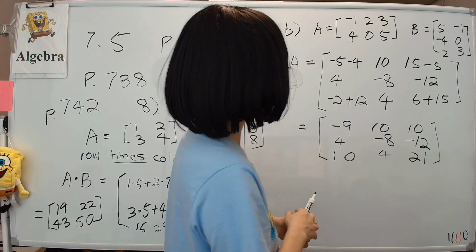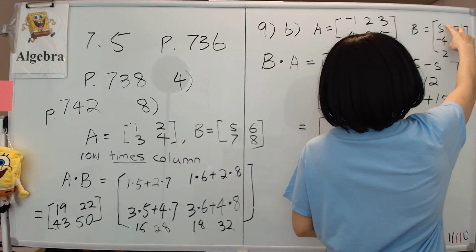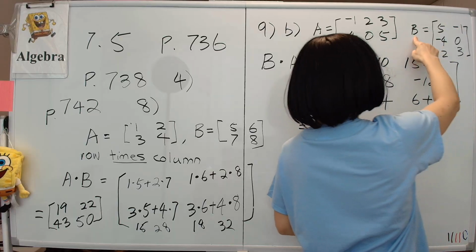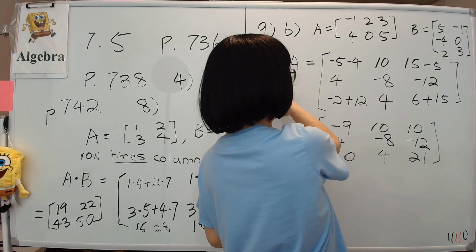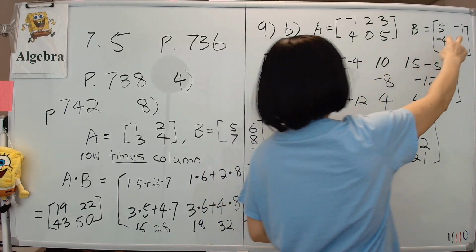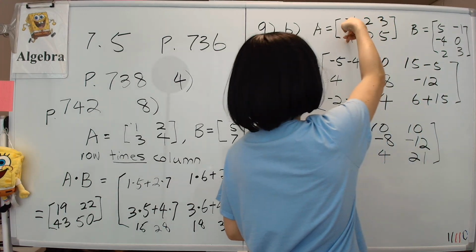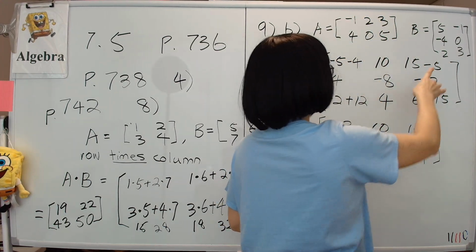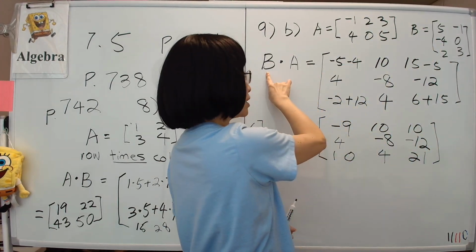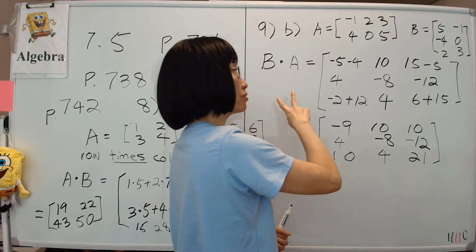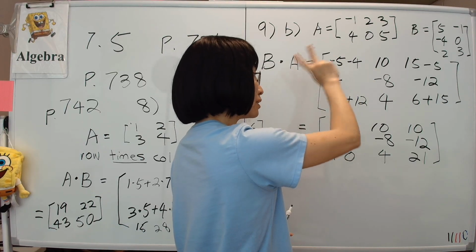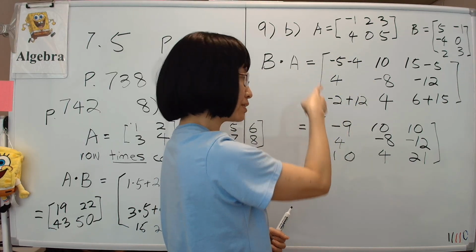Each row from the first item in your product will have to be multiplied by the first column of the second. So with the first matrix, you only work on the rows, and it matches to the columns of the second matrix.